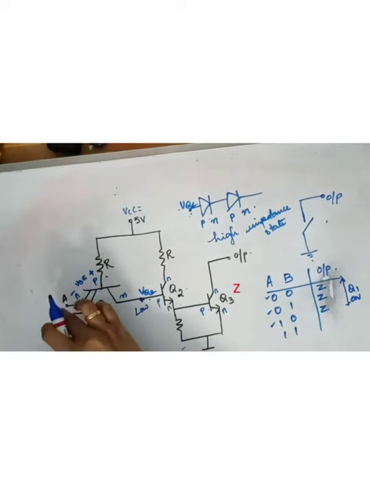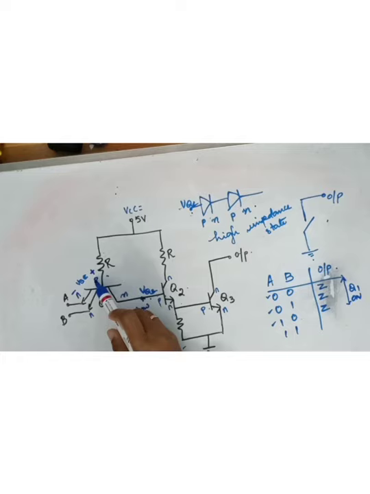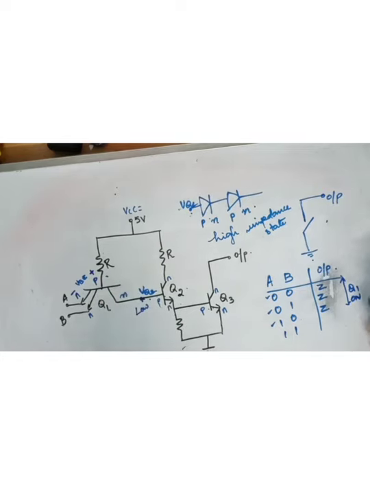Now suppose A and B both are 1. Both are 1 means the emitter is at a high voltage. So the difference between the emitter and base is very low, so it's not equal to the cut-in voltage, and Q2 is off.